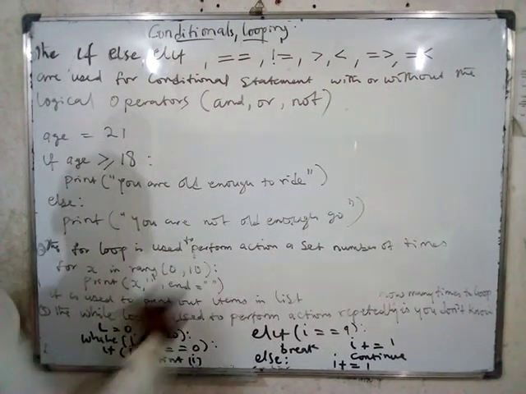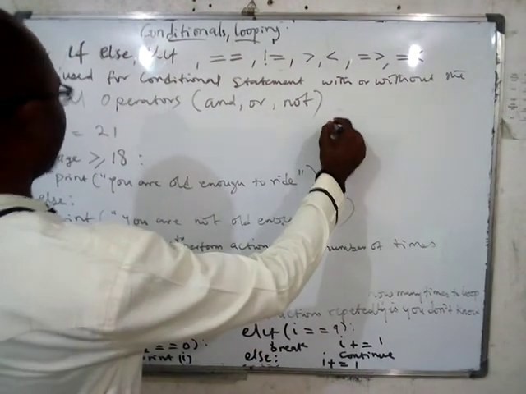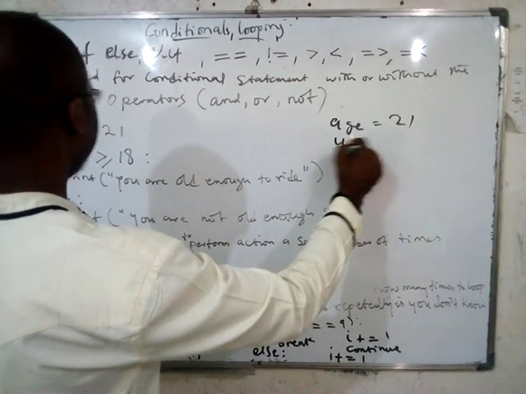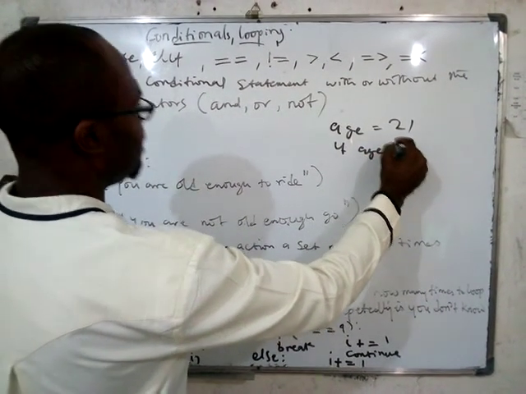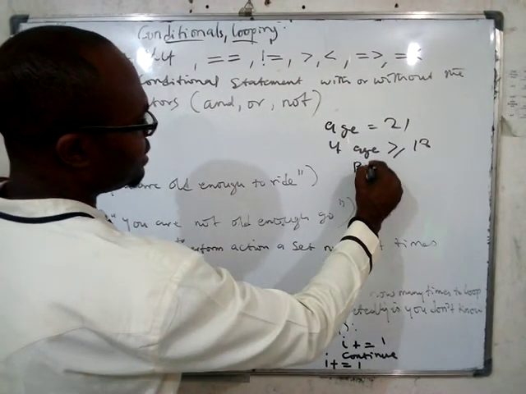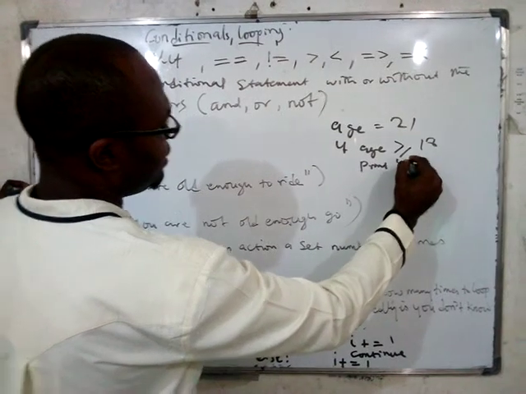So you can also say things like, if you have age equal to 21, you say if age is greater than or equal to 18, print, let's say me.